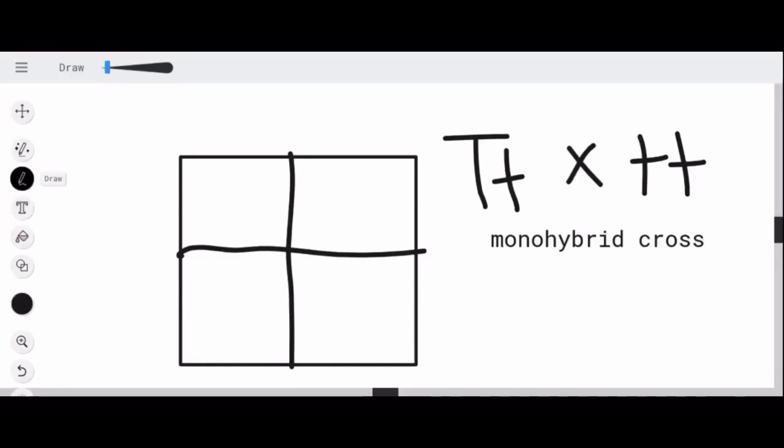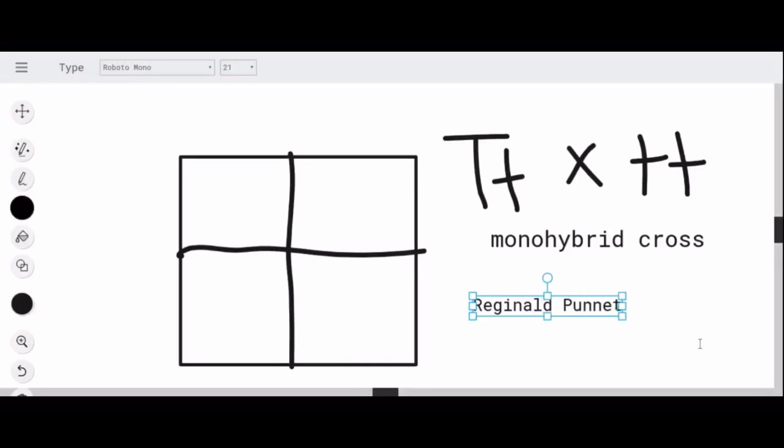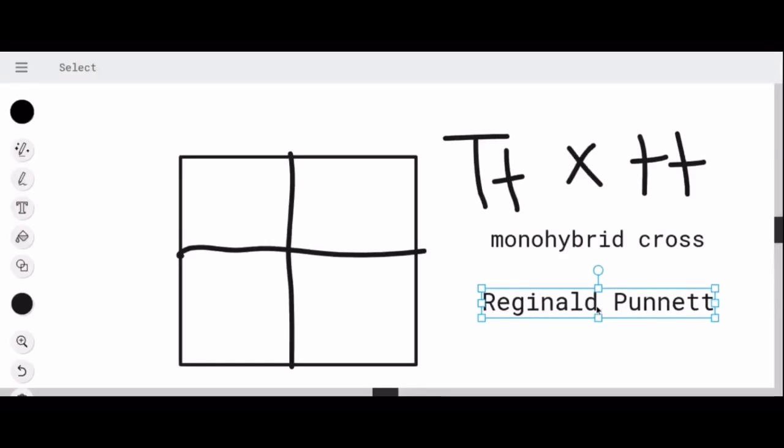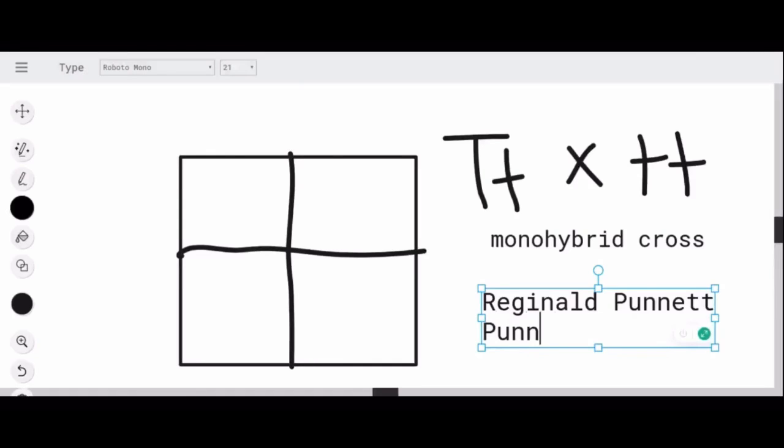And frankly, it's hard to keep it all straight. So this dude named Reginald Punnett, let me write out his name here. I don't even know his middle name, but we don't need to know that. Reginald Punnett made something called the Punnett Square. Yeah, genius. He named it after himself, or someone did at least. As I explained earlier, it looks like that.